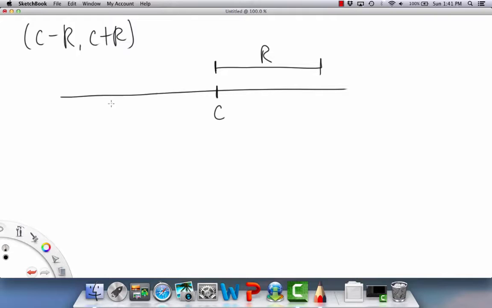If you go r amount in this direction, you get c plus r. If you go r amount in the other direction, you're subtracting it from c, so this is c minus r. So you see how the radius of convergence works with the center to form our interval of convergence.